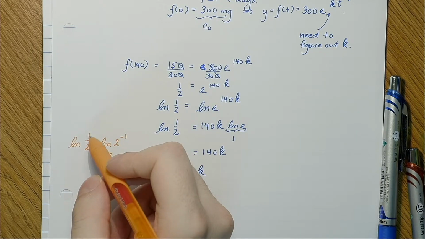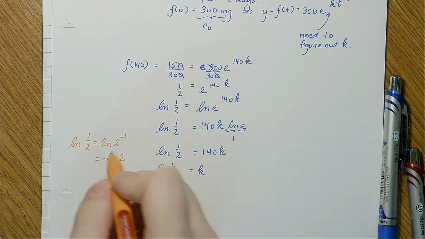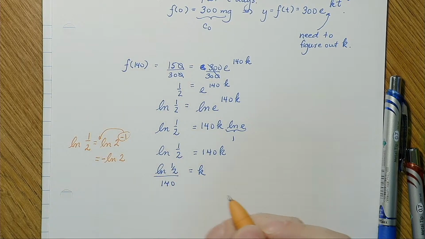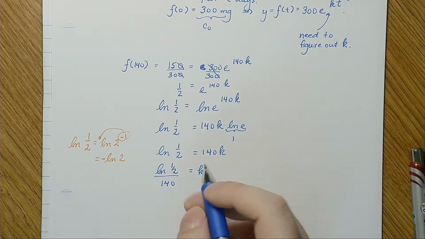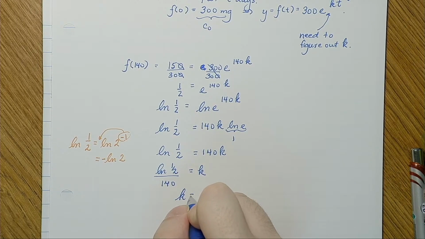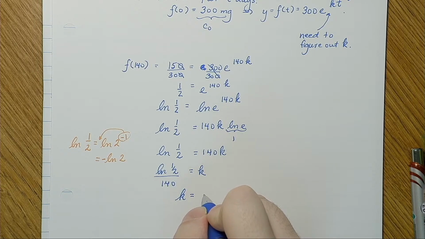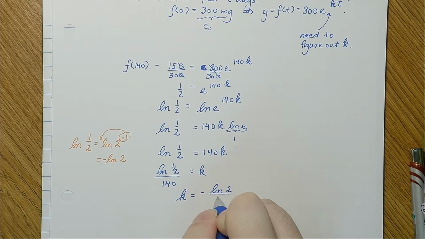So everyone's okay with that? 1/2 is equal to 2 to the -1. And so I can bring that down in front, that minus, and I have negative ln 2. So therefore, k is equal to negative ln 2 over 140.